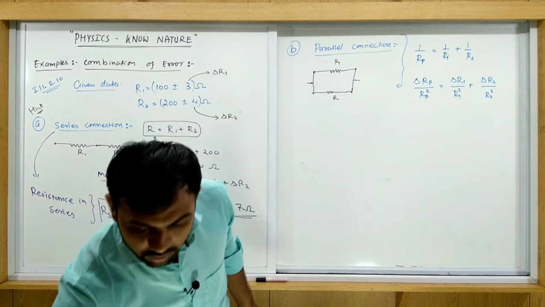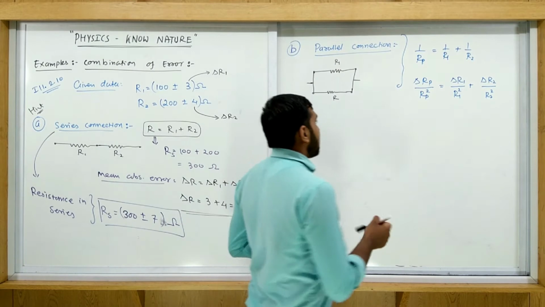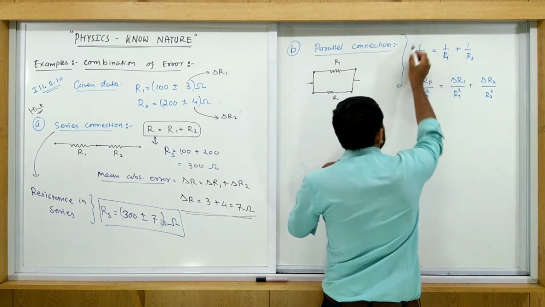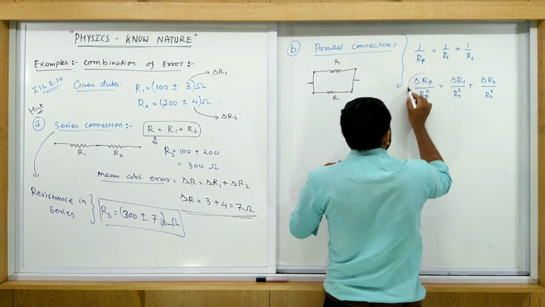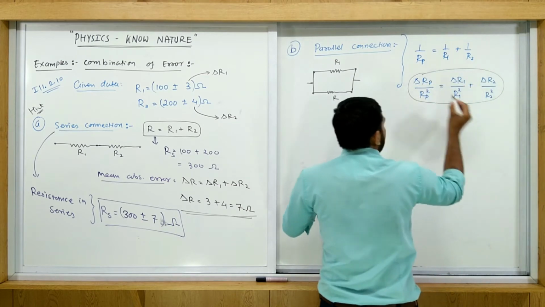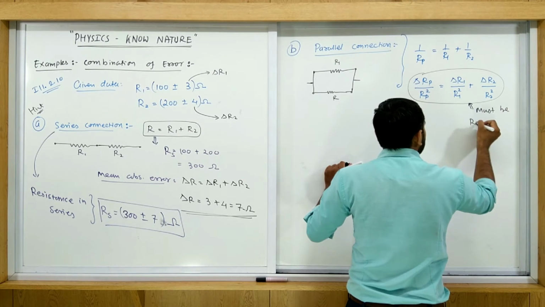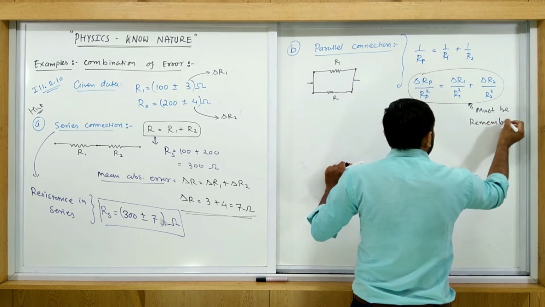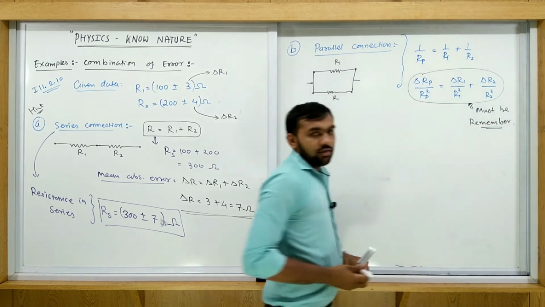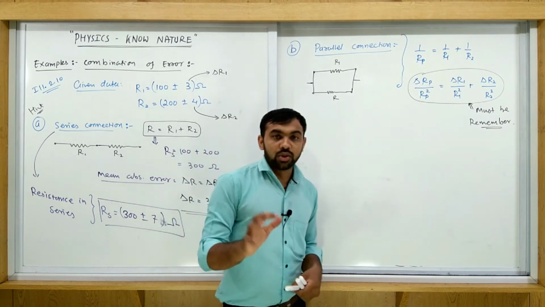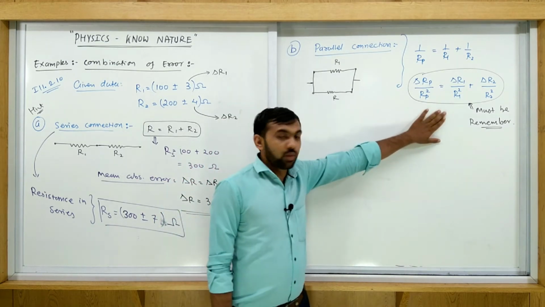Actually you must remember this relation. In this type of equation, this is the mean absolute error. Right now we have not studied the mathematical tool, so we must remember this equation.